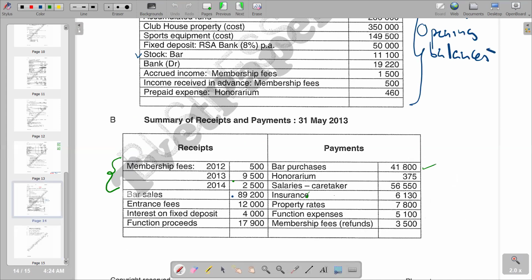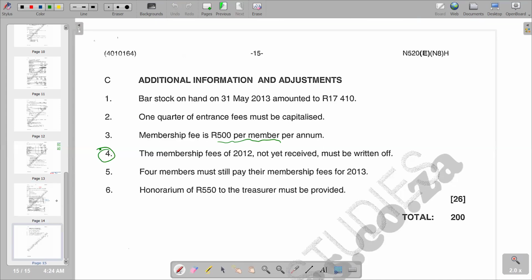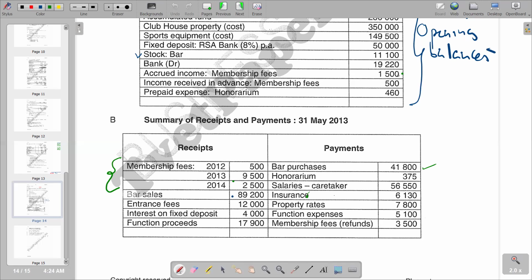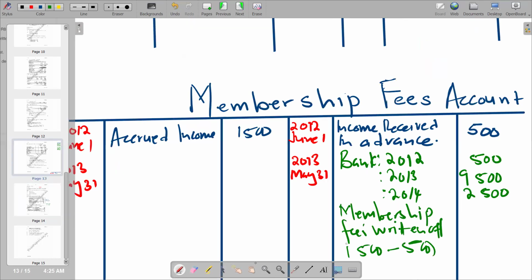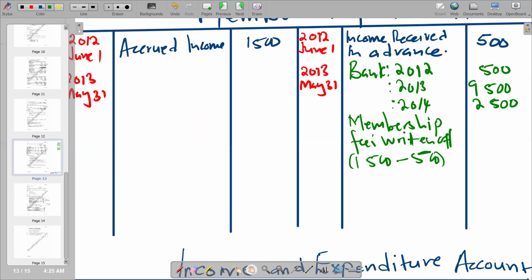If you go to the question, the beginning 1,500 is not saying not yet received, but it is accrued income of 1,500, which is supposed to be received, not yet indicated as credit. So the balance is the one that amounts to 1,000. So we take the same rate minus 500, and we get a good figure.